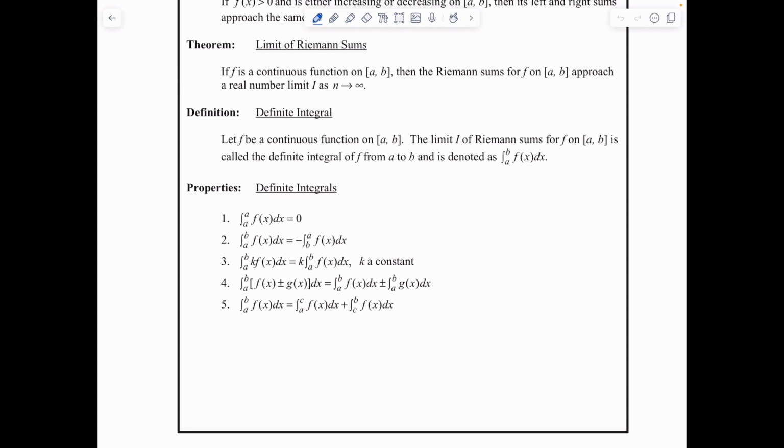The definite integral: if f is a continuous function from a to b, the limit I of Riemann sums for f on this interval is our definite integral of f from a to b, and we will write it as our integral.